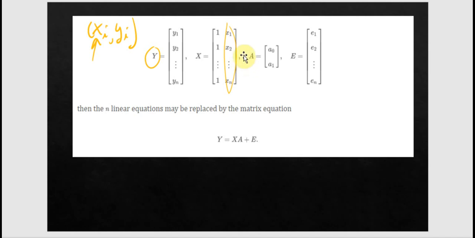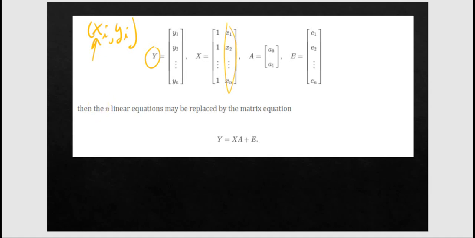And what you're after is A, because A would give us the values a naught and a sub 1. And then E would be those values of the errors. Then the n linear equations may be replaced by the matrix equation, and this is what we're after here.